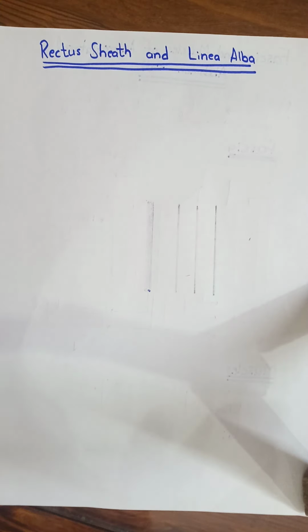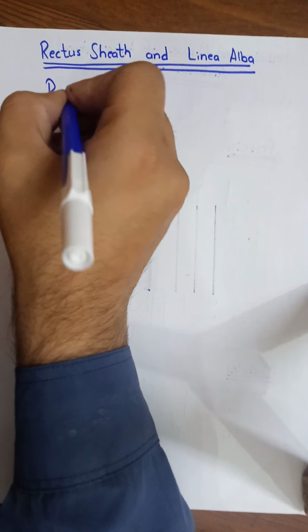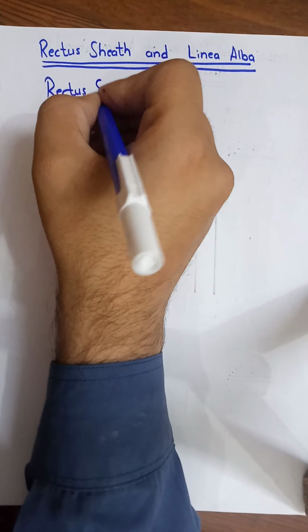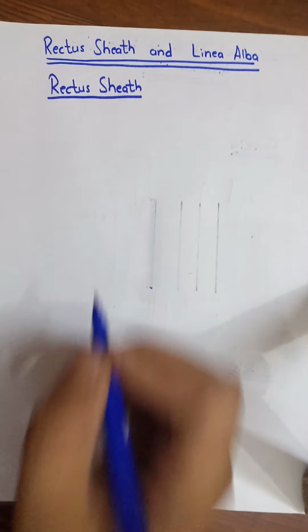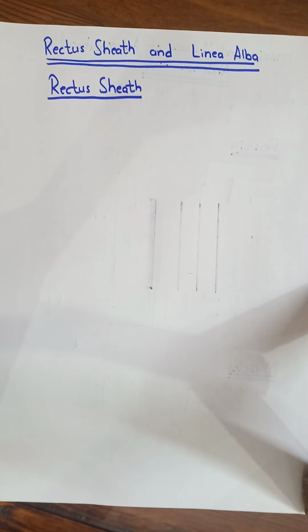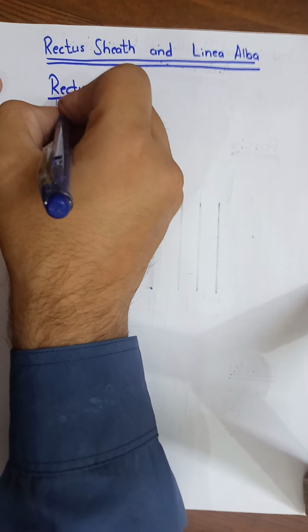So first of all, we will write here: rectus sheath. This rectus sheath was formed by the aponeurosis of the three flat muscles of the abdomen.